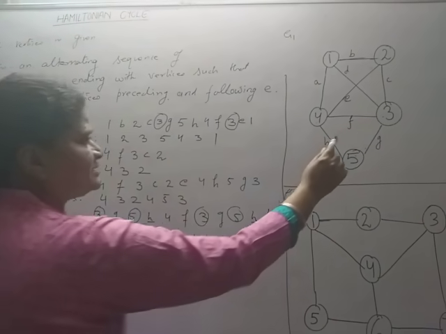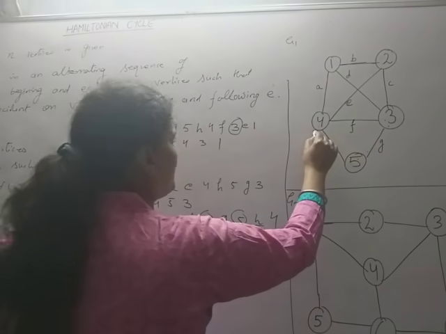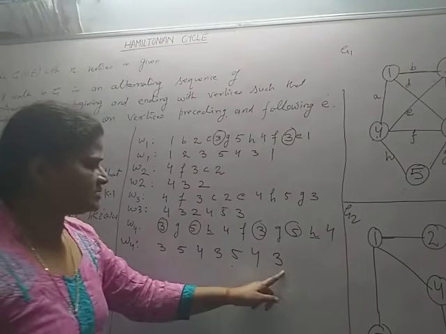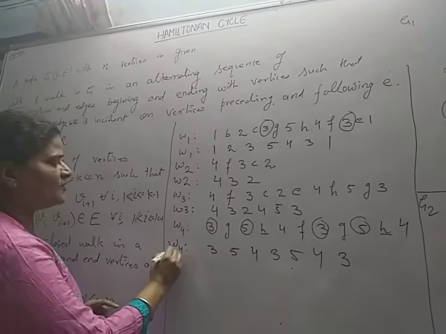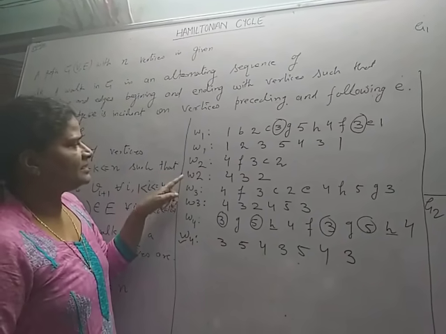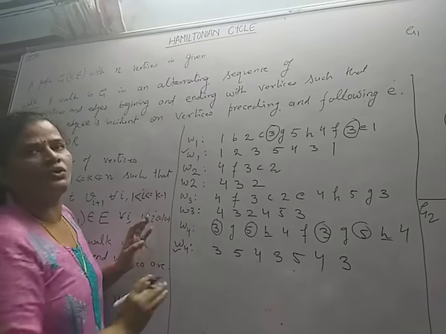See, 3, 5, 4, 3, 5, 4, 3. So this is what? Closed walk. So W4 is a closed walk as the start and end vertices are same. W1 is a closed walk.